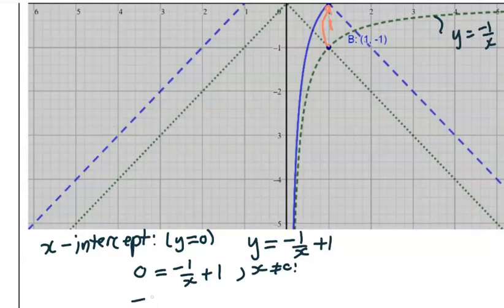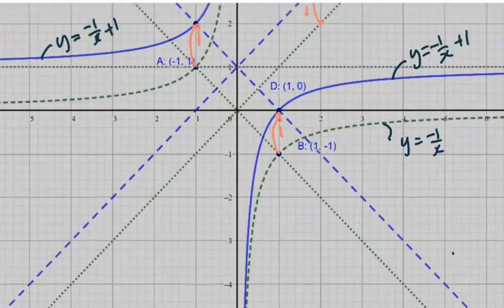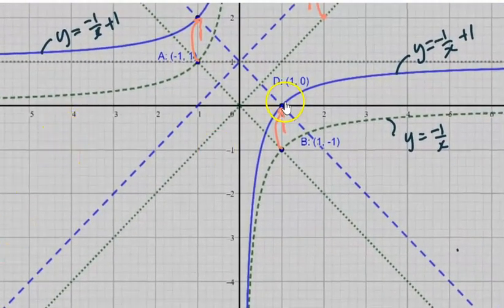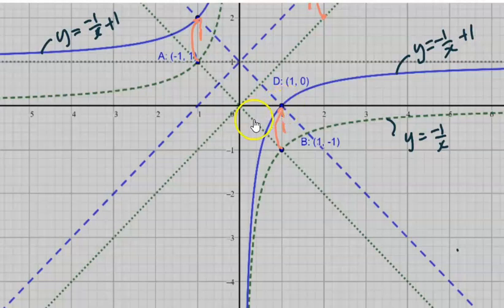So we get minus 1 plus x is equal to 0, so therefore x is equal to plus 1, which corresponds to the x-intercept there. And since we cannot have an x value of 0, therefore we cannot have a y-intercept.